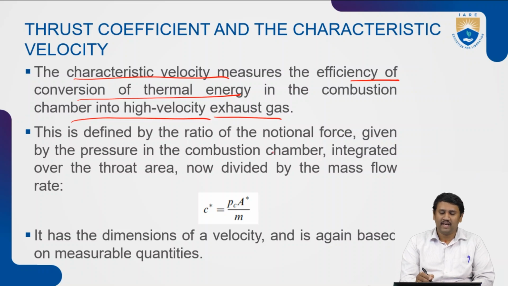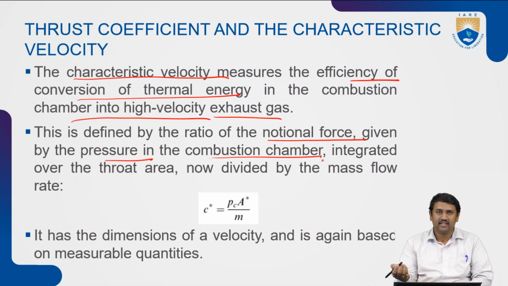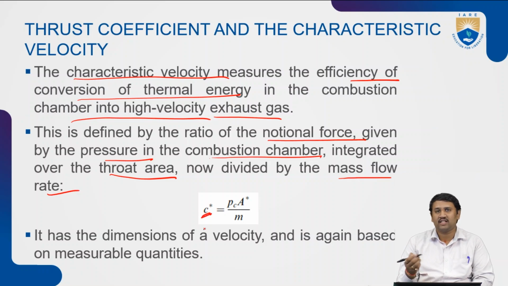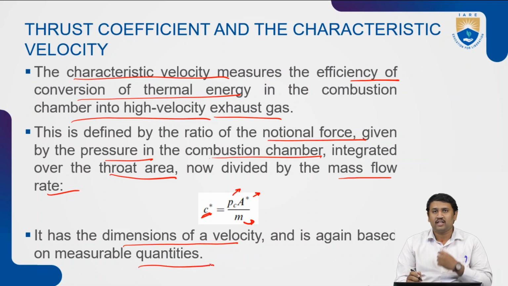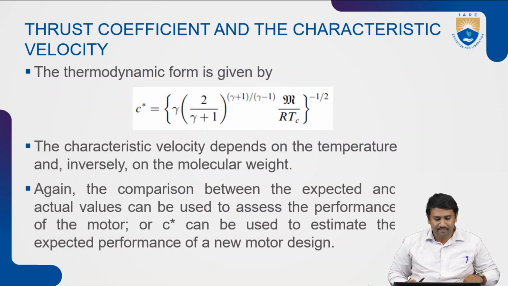It is defined as the ratio of a notional force, given by the combustion chamber pressure integrated over the throat area, divided by the mass flow rate, which gives C star, my characteristic velocity: C star equals Pc A star over m dot, where Pc is the combustion chamber pressure, A star is the throat area, and m dot is my mass flow rate. It has the dimensions of velocity, and again is based on measurable quantities.